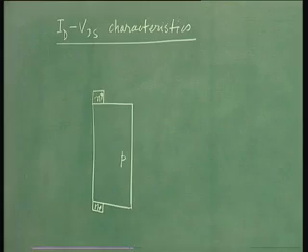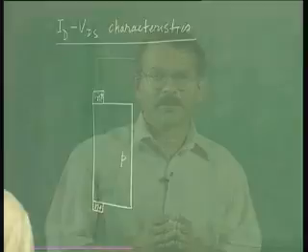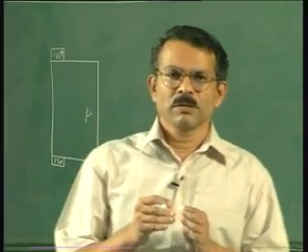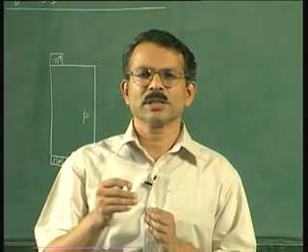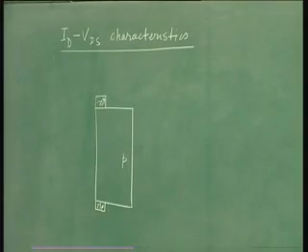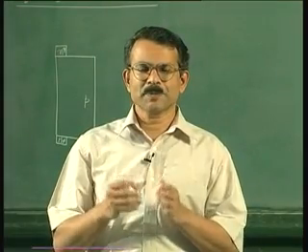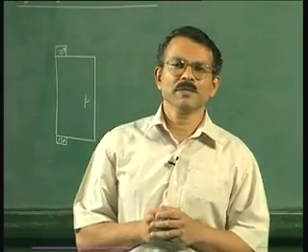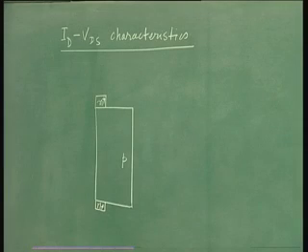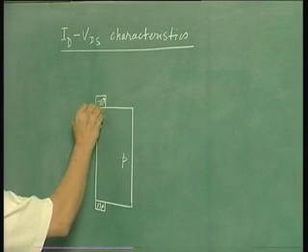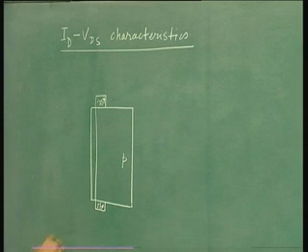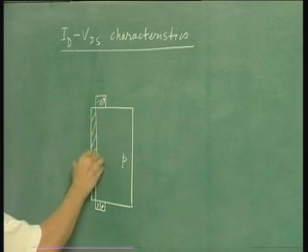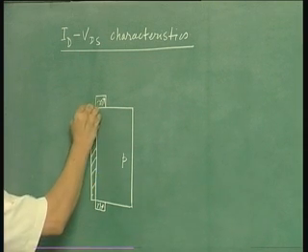In practice, the source and drain regions are such that you have a depletion layer from both the source and drain region coming into the channel, but that part we will not discuss in this particular first level theory of the transistor. Here you have the oxide layer and this is your gate.